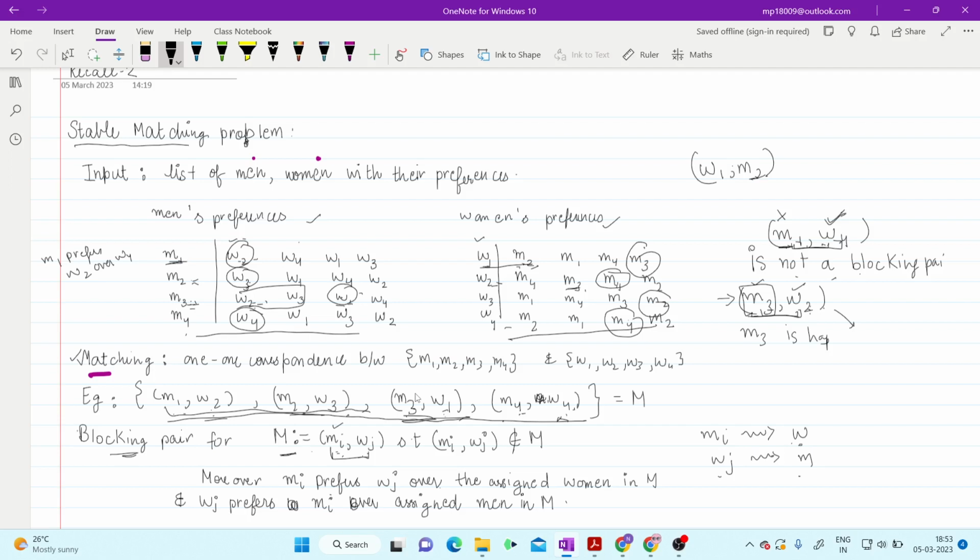So why is the matching not stable? Because if we have a blocking pair, that means that we can change the assignment that we have already done to get something in which both the parties will be happy.